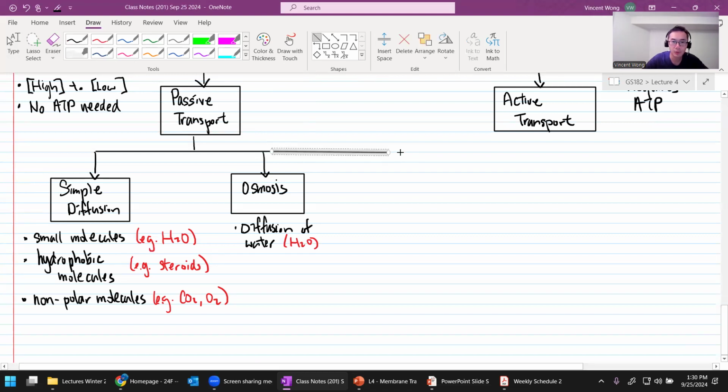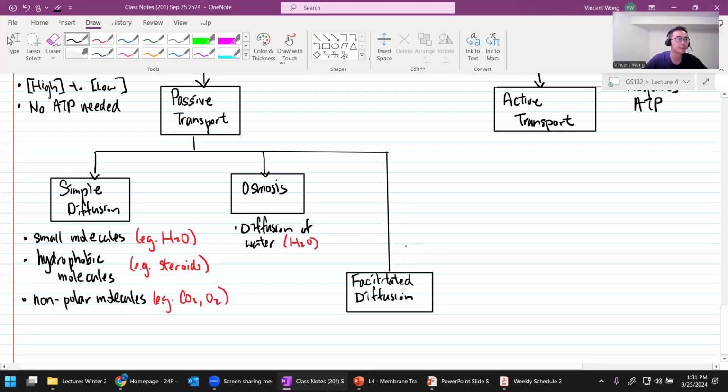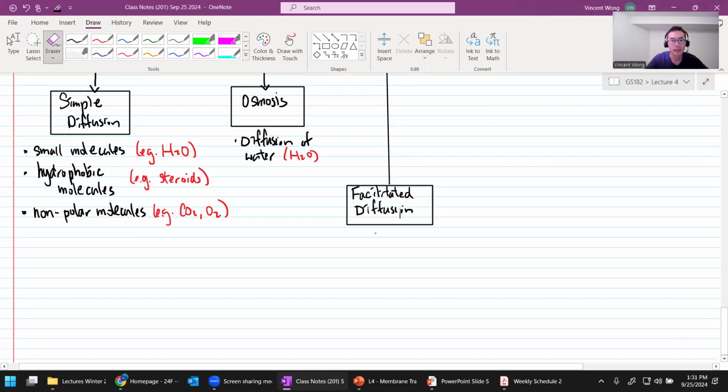All right. I'm going to add another one here. I'm going to drag it down all the way here. Try to follow what the shapes are so that you don't run out of space. This is another kind of diffusion called facilitated diffusion. Let me give you the definition first.